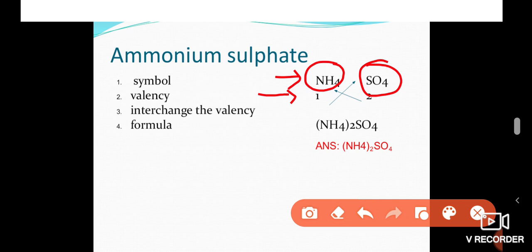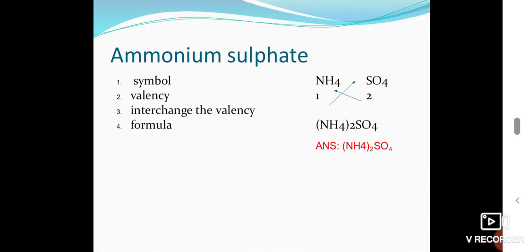After interchanging, how many ammonium do we get? 2. So inside the bracket we put NH4, and after the bracket we put 2. Then SO4: only one SO4 is there, so no need to write it inside the bracket. Finally, (NH4)2SO4.